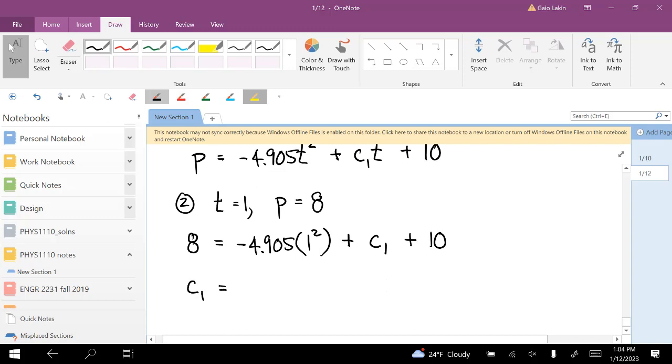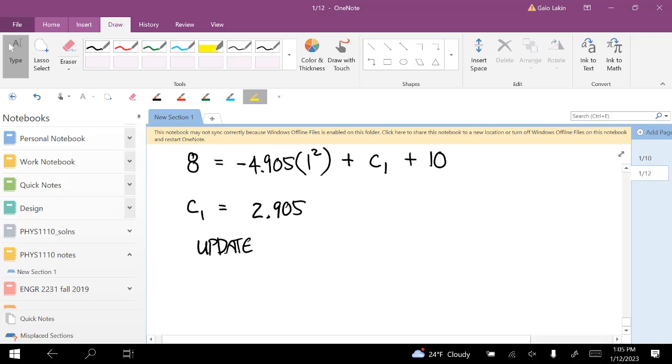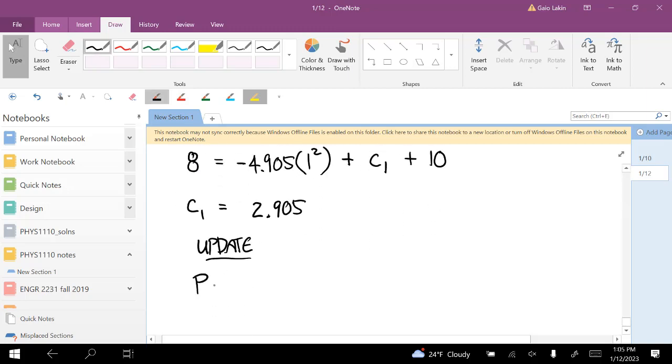And so C1 is equal to, what is it? Negative 2.905, yes. Minus 2, thank you. And update. And you get your final expression for position as a function of time.